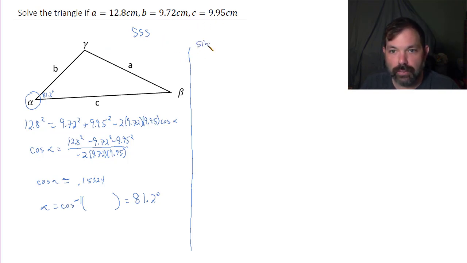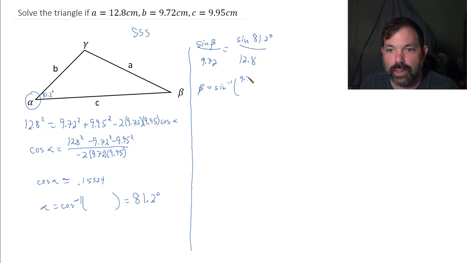So then the sine of beta is to B, 9.72, as the sine of alpha, 81.2 degrees, is to A, 12.8. We go through our algebra and trigonometry here, so then beta would be the sine inverse of 9.72 sine 81.2 degrees over 12.8.